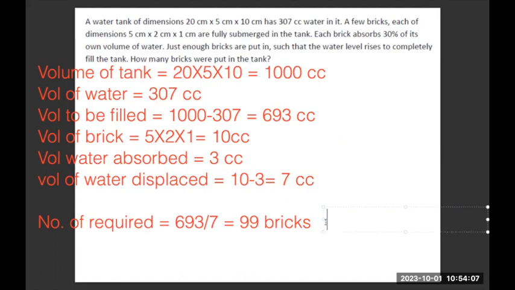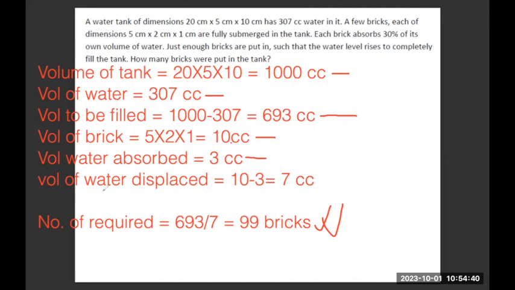Any doubts, any questions? So first we found the tank volume. We were given the volume of water 307. We found the remaining volume which is required to be filled. From that we went about finding the volume of one brick, which is 10. The volume of water that the brick absorbs is 3, which is 30% of the volume of the brick.